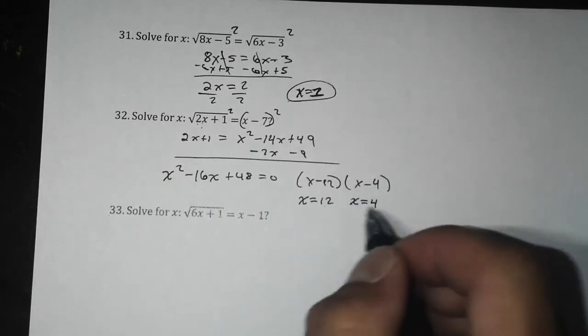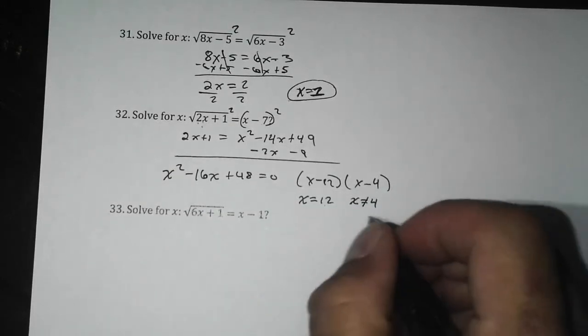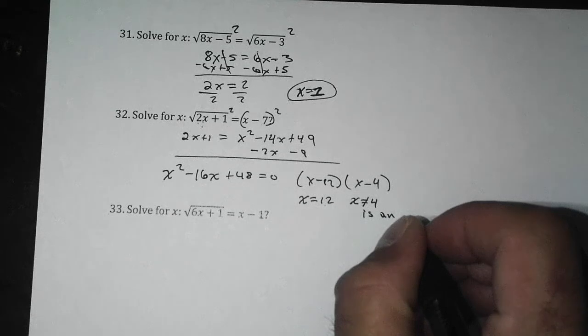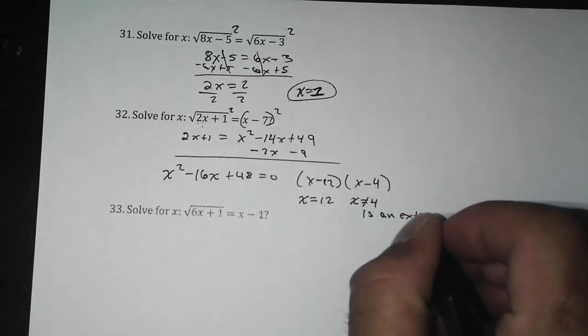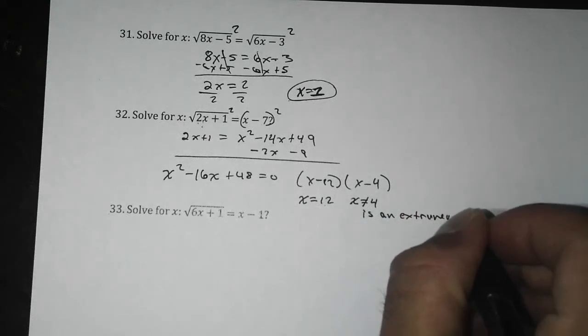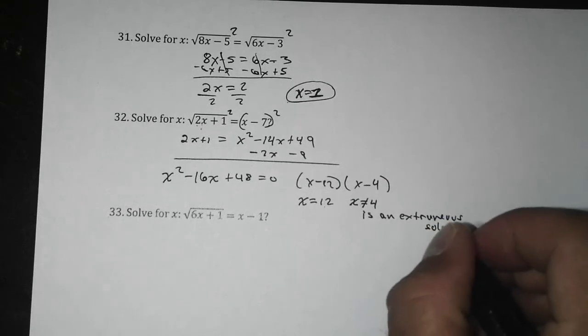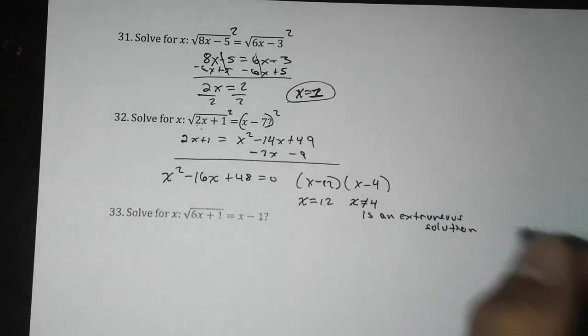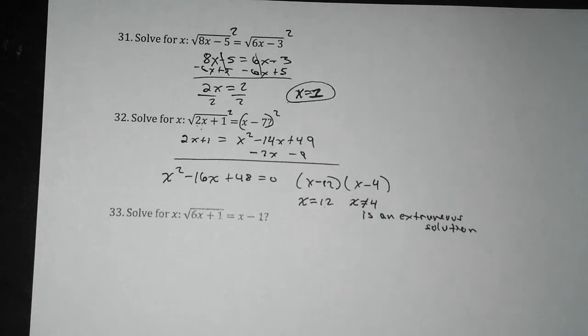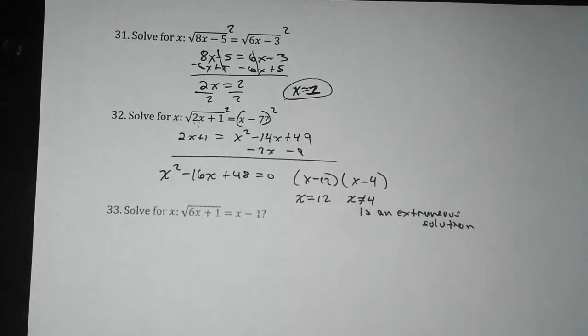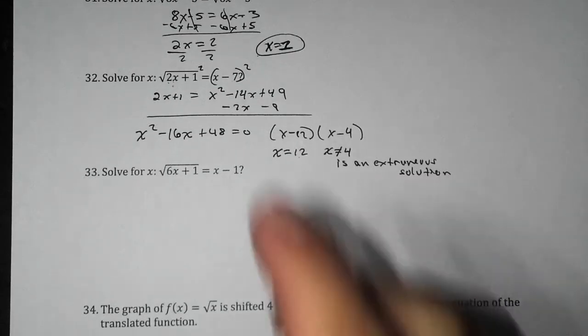Alright? So it cannot be 4. That is an extraneous solution. Make sure you're careful with that. Let's see another one next, number 33.